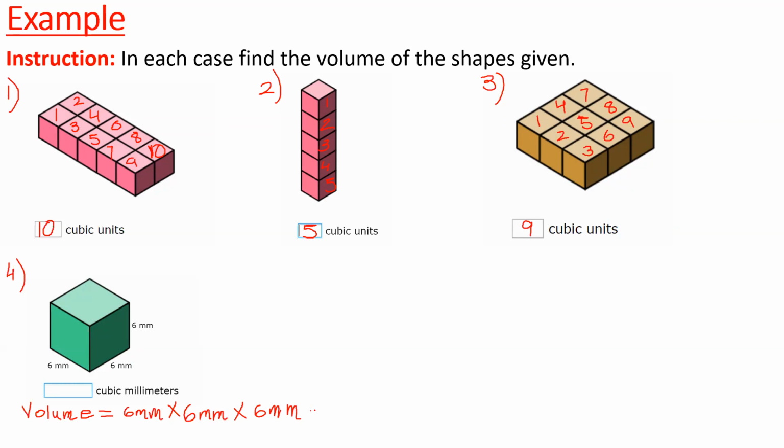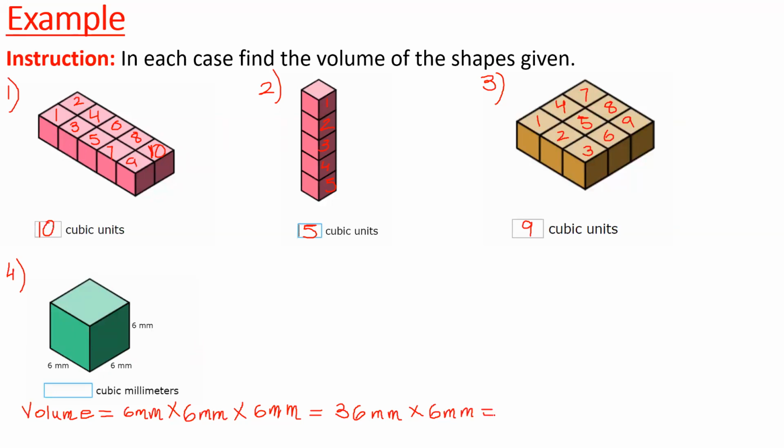Now, we know that 6 times 6 is what? 36, very good. So that's 36 millimeters. And 36 times 6 is what? 216, very good.